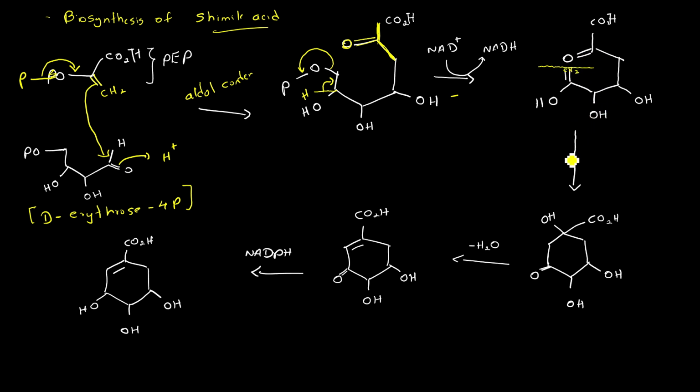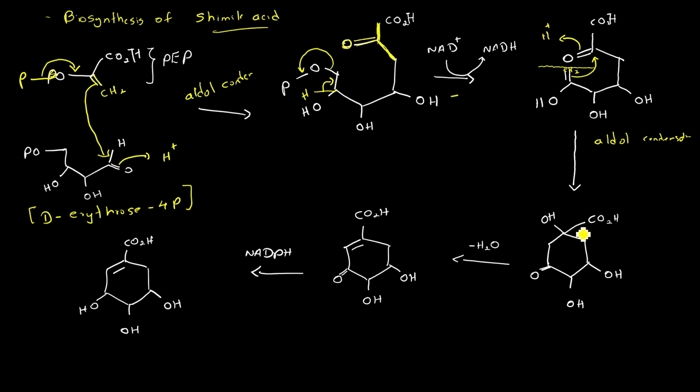And now in the next step, another aldol condensation takes place. Here you can see an alkene group, and here you have a carbonyl group. So this will go and attack here. Because of this attack, this oxygen-carbon double bond will go and find a proton. So here we have our final product from the aldol condensation.